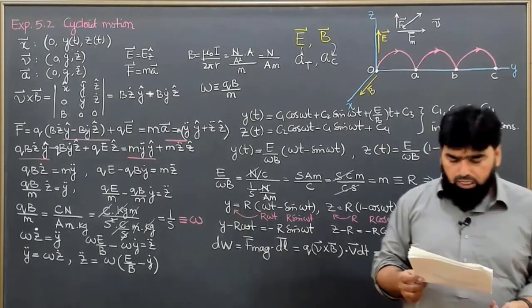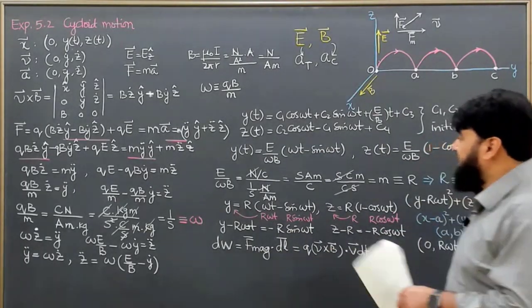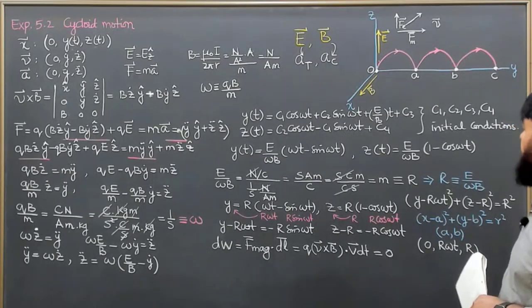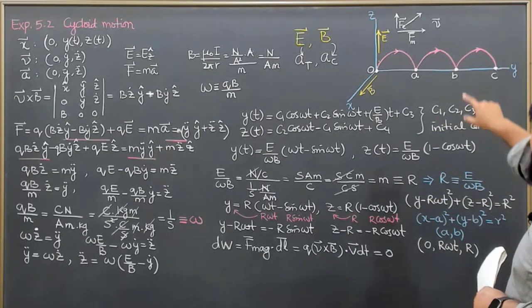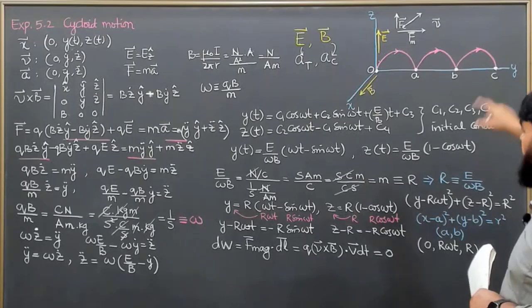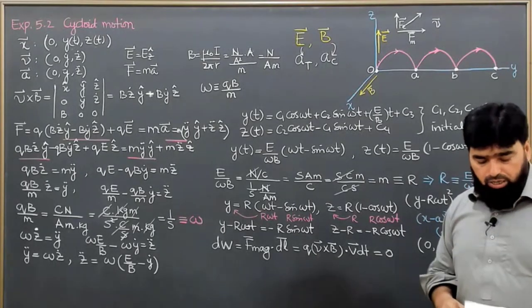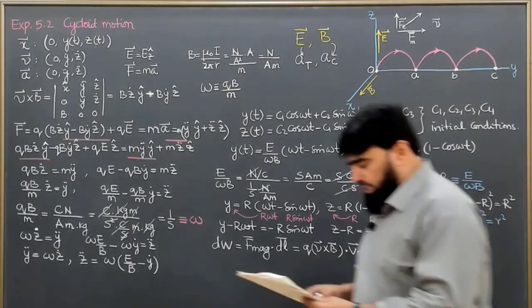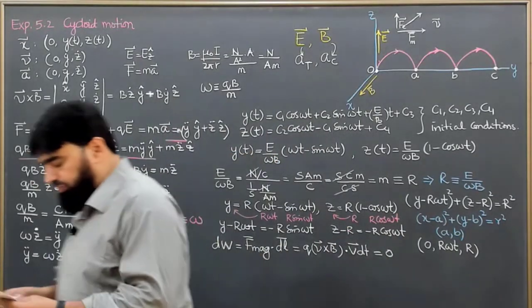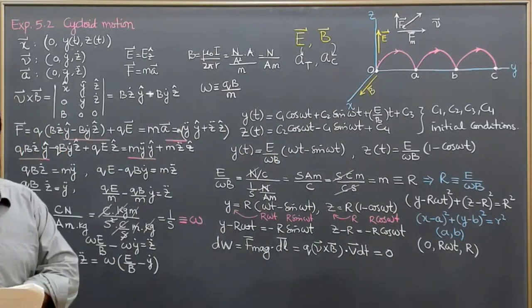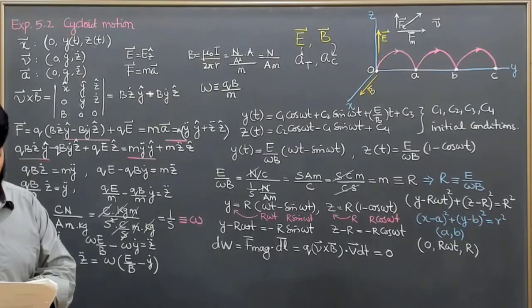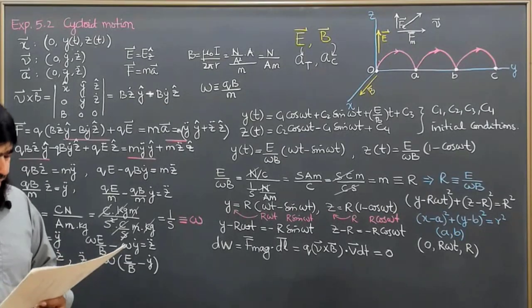So with this, I think this example completes here, and we have the reasons why it will be a cycloid motion, and this motion would be along this one.